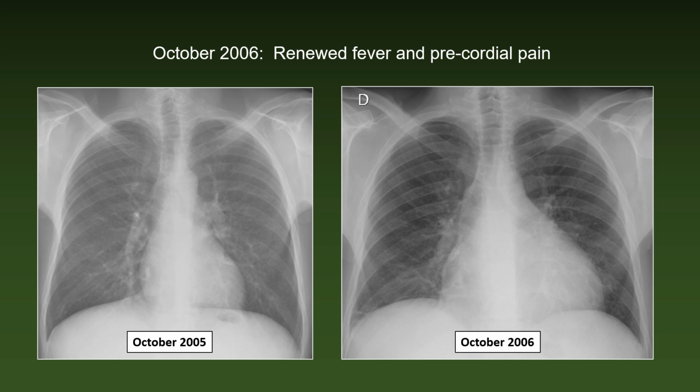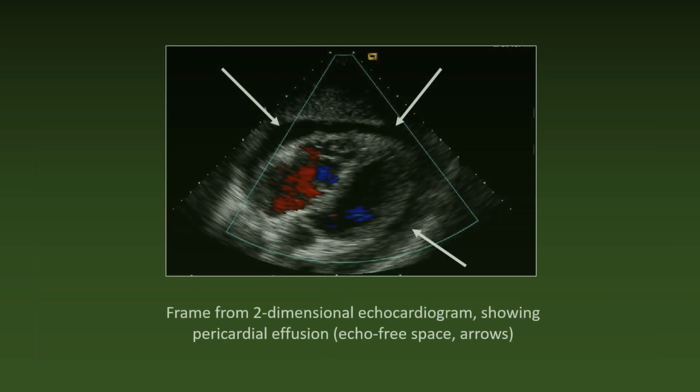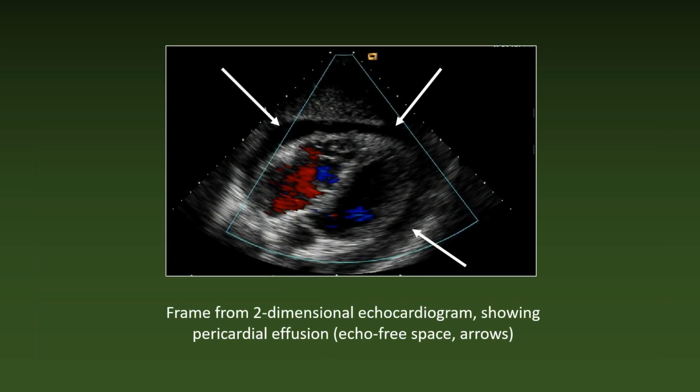In October 2006, however, he had renewed fever and new precordial pain. Note the increase in the size and the tent-like appearance of the heart in October 2006. A frame from a two-dimensional echocardiogram showing the pericardial effusion, that is the echo-free space shown with the arrows.